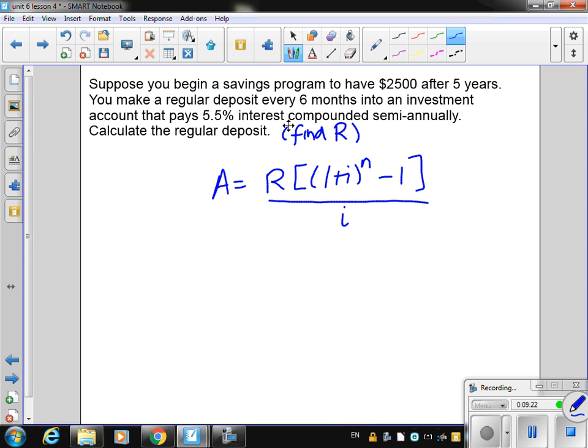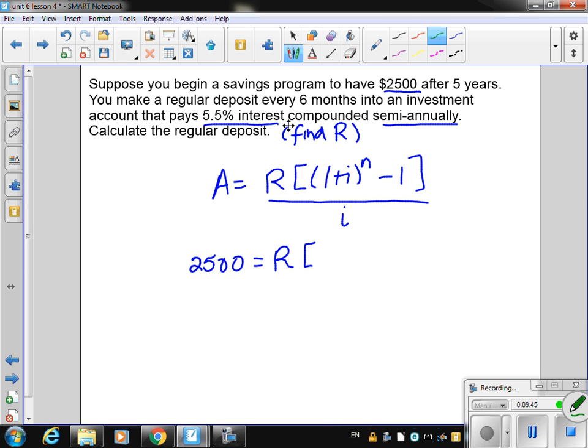Let's put in what we know. Suppose you begin a savings program to have $2,500. So we want the amount to be $2,500. I want to know what R is, so I'm going to have to solve for that in a minute. My interest rate is 5.5%, and it is compounded again semi-annually.